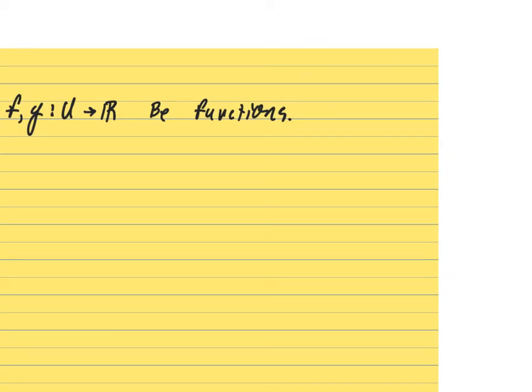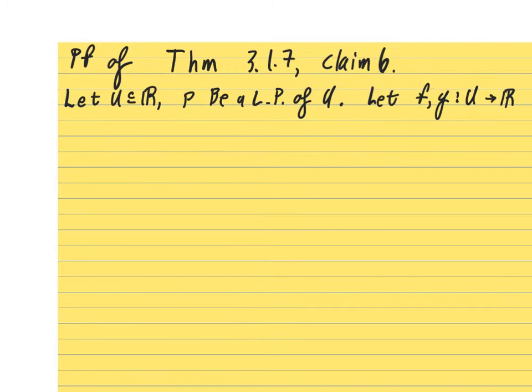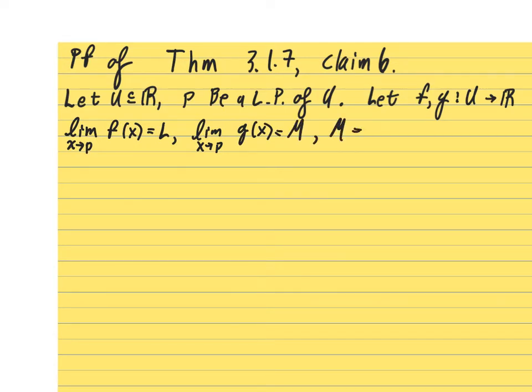And let's assume some things. Let's assume that the limit as x approaches p of f of x is equal to L. The limit as x approaches p of g of x is equal to m. That m is not equal to 0.